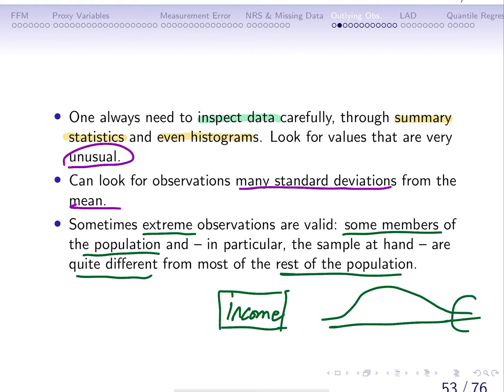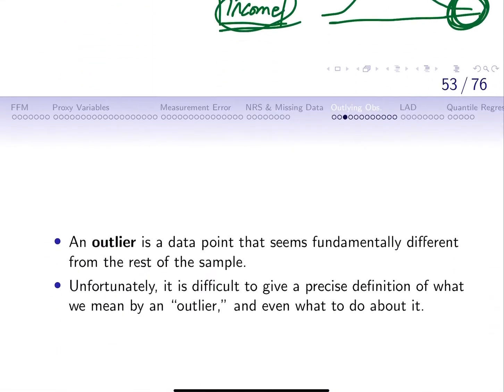Within the high income earners, there could be a really wide disparity, with very extreme observations for income. Similarly for low income, what's considered low income could also be a range.